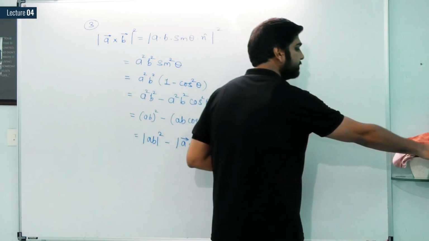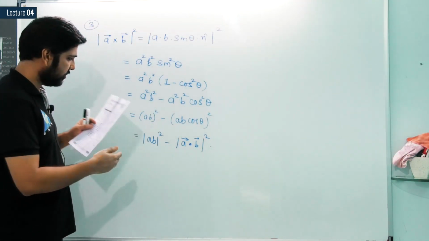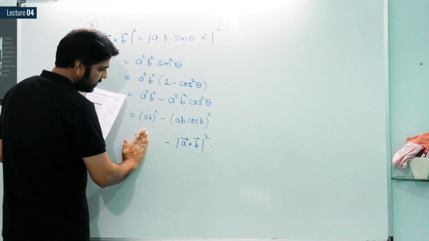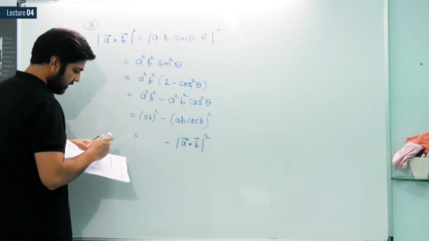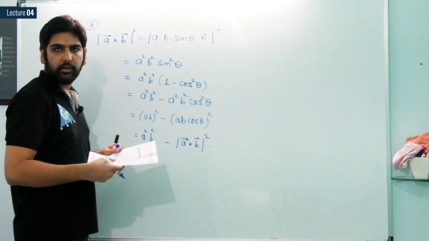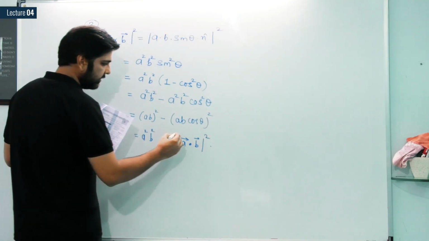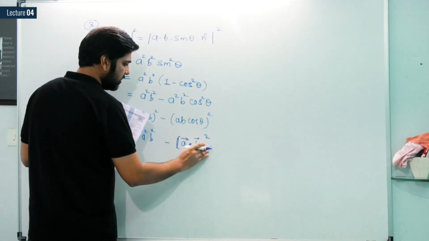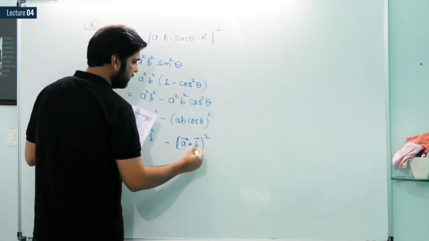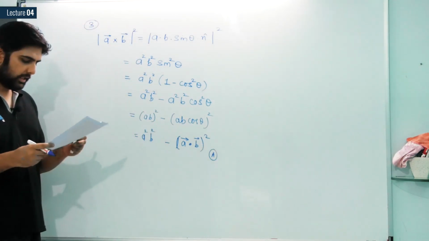So in the option, we can write a square b square minus a dot b whole square. So it is nothing but our option A, right?